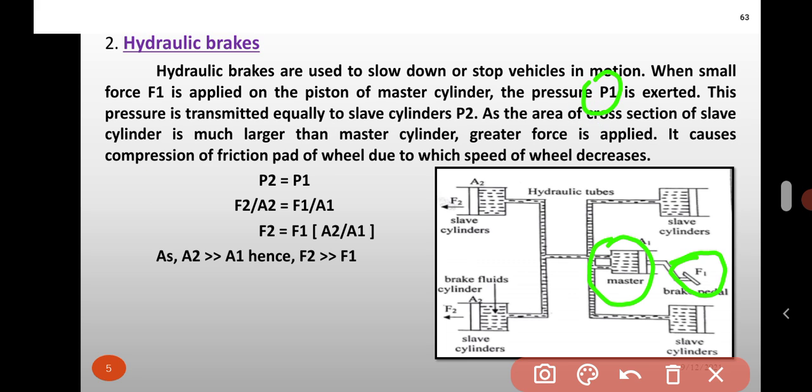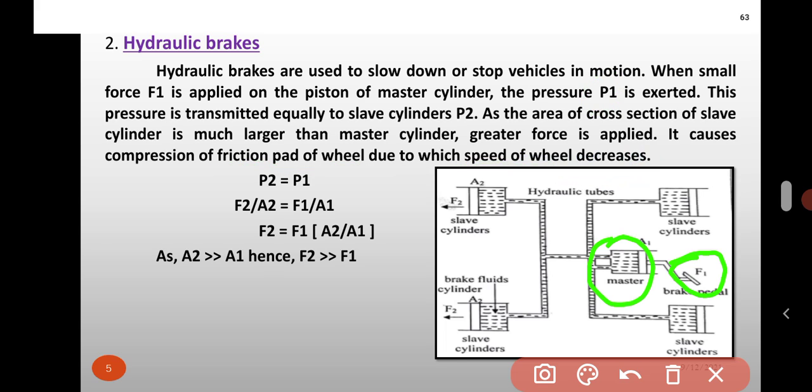This pressure is transmitted equally to the slave cylinders, P2. As the area of cross section of the slave cylinder is much larger than the master cylinder, a greater force is applied. It causes compression of the friction pad of the wheel, due to which the speed of the wheel decreases.